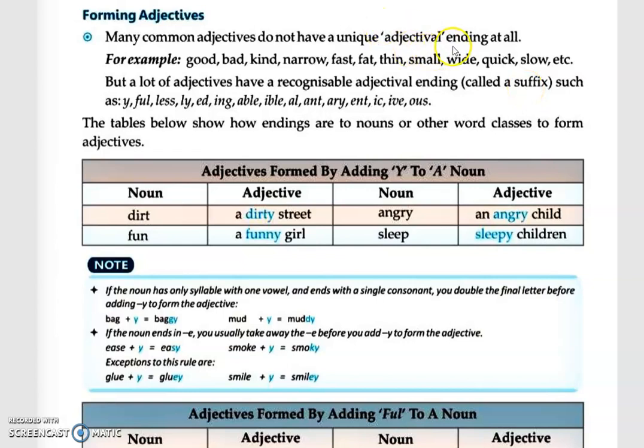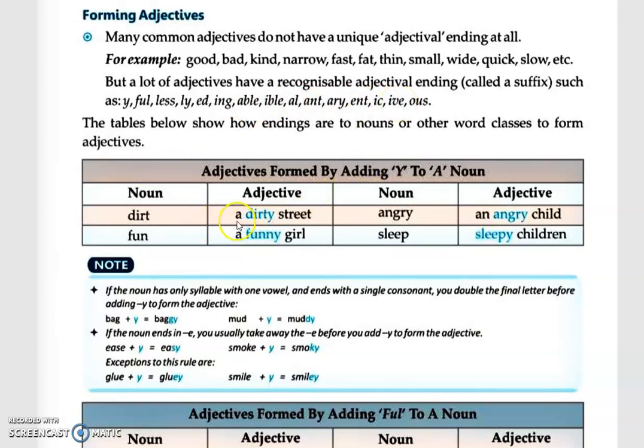Suffixes are the letters that we add at the end of a word, while prefixes are the ones we add at the beginning. So look at these words here. No suffix can be added to these words. But there are a lot of other words to which these suffixes can be added: y, ful, less, ly. We can use these to convert nouns into adjectives.